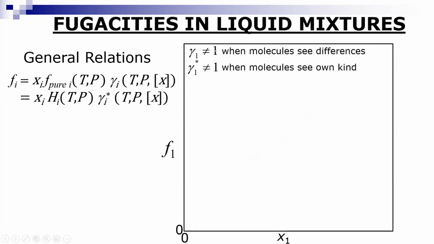So the activity coefficient is not equal to 1 when the molecules see differences between the other kind of molecules in the system and their own kind. The activity coefficient with a star on it is not equal to 1 when molecules see their own kind appearing in the mixture. So this is when the molecules are looking at other components, and this is when the molecules are looking at their own kind.